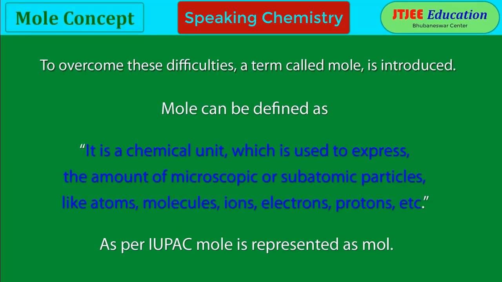Mole can be defined as a chemical unit which is used to express the amount of microscopic or subatomic particles, like atoms, molecules, ions, electrons, protons, etc. As per IUPAC, mole is represented as mol.